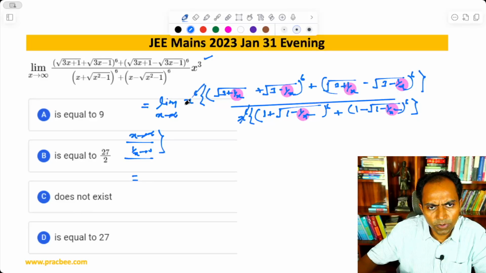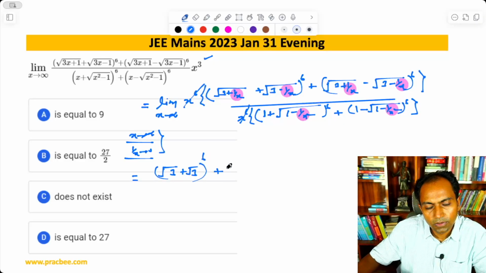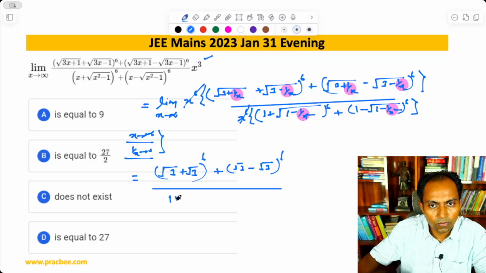Also this x raised to the power 6 gets cancelled out. In the numerator you have root 3 plus root 3 raised to the power 6, plus root 3 minus root 3 raised to the power 6, divided by 1 plus 1 raised to the power 6 plus 1 minus 1 raised to the power 6.